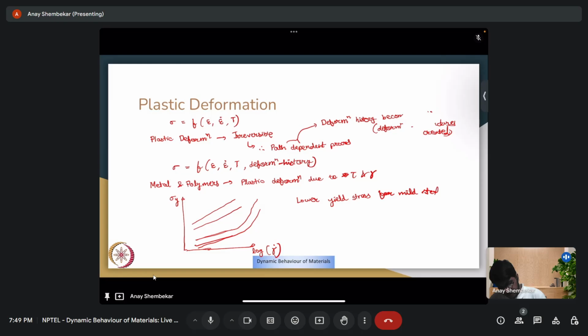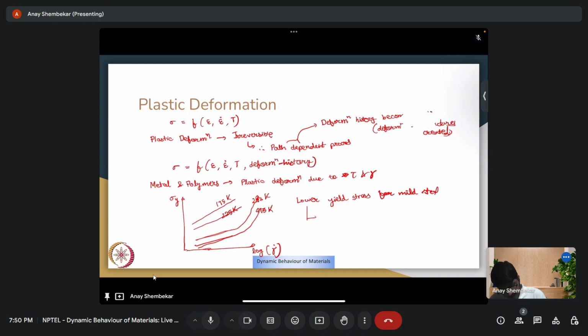You have got different temperatures: 195 Kelvin, 225 Kelvin, 243 Kelvin, 293 Kelvin, 493 Kelvin, and so on. This is a plot of lower yield stress versus logarithm of shear strain rate.